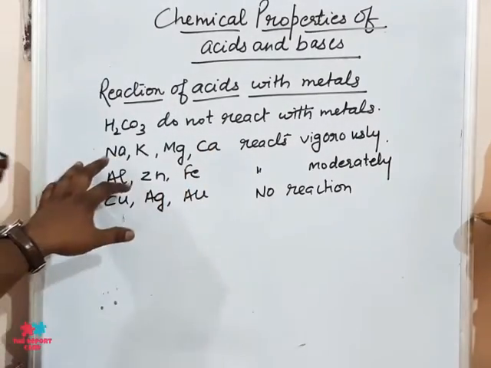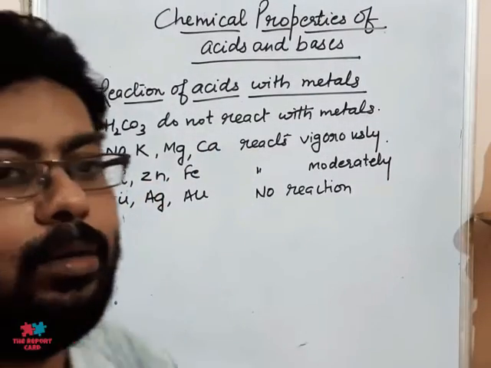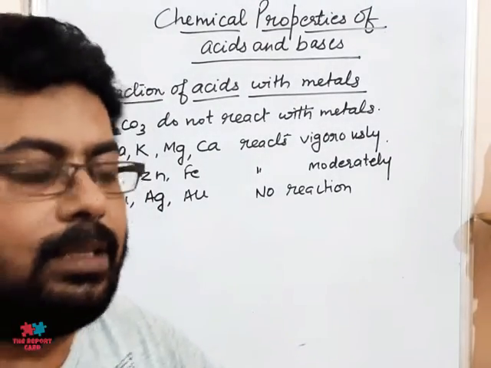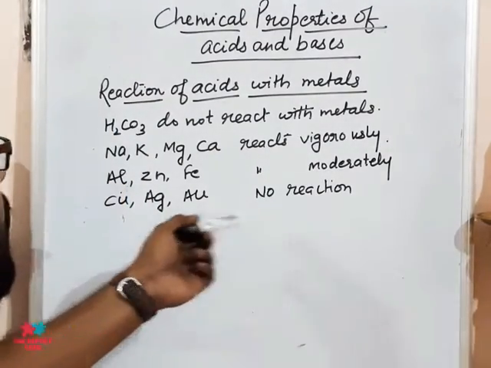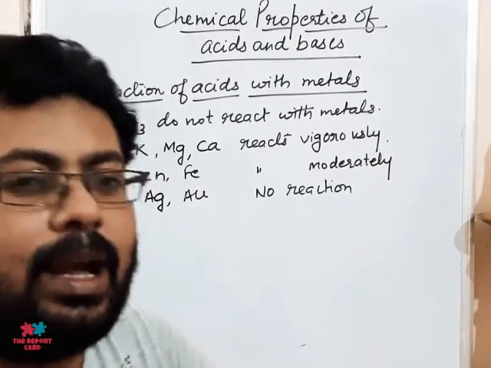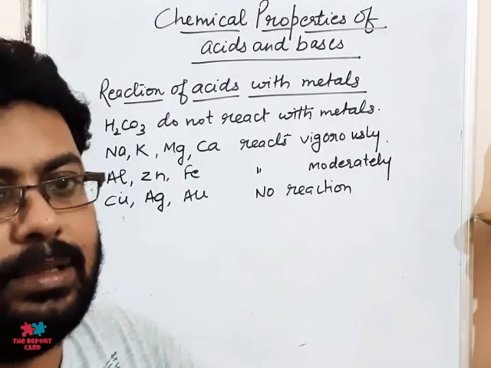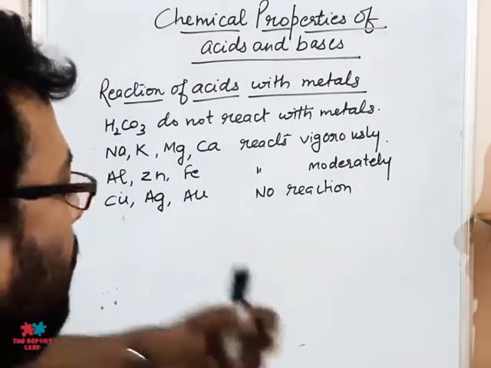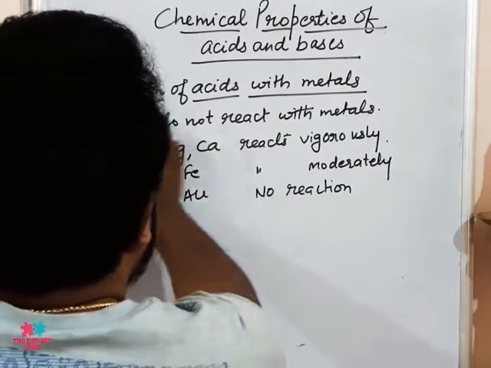Aluminium, zinc, iron react moderately with acids. And copper, silver and gold are not that reactive, so they don't react with dilute acids. So what happens when you put a metal in acid?